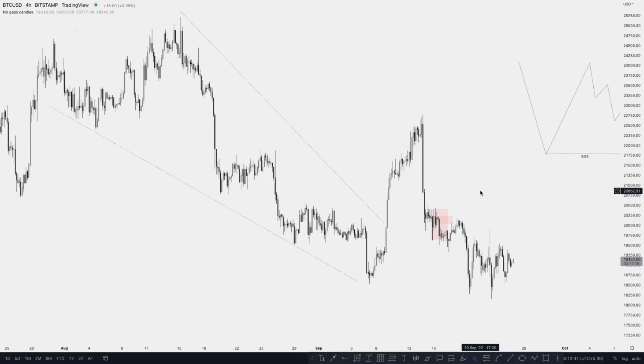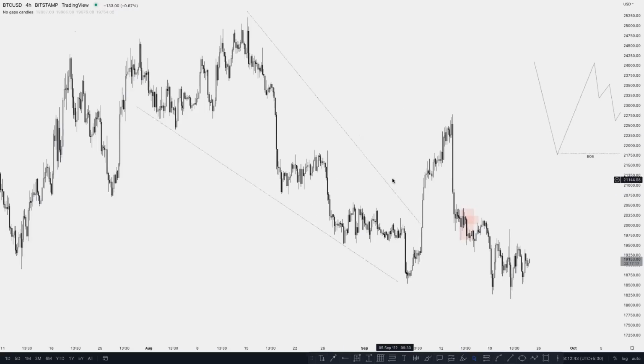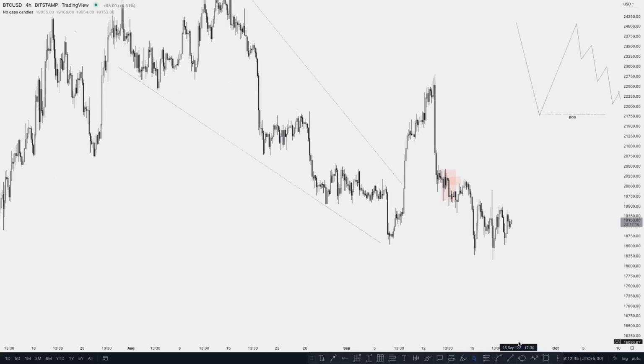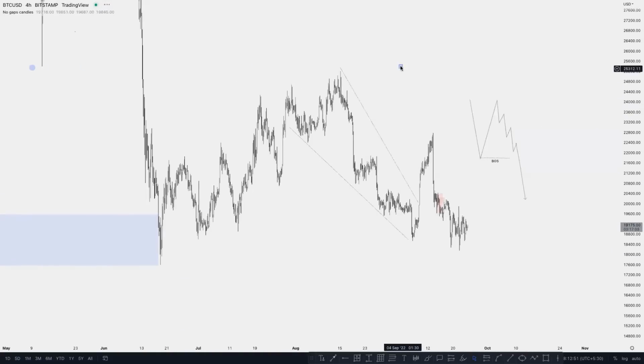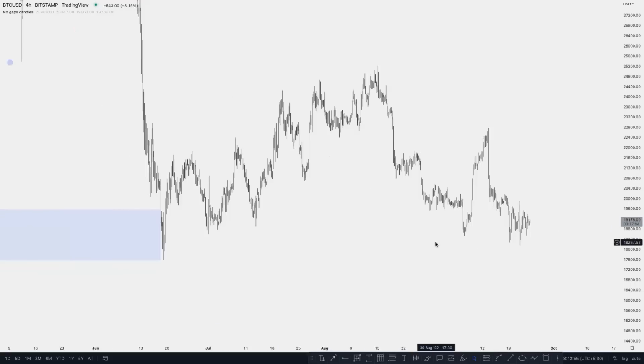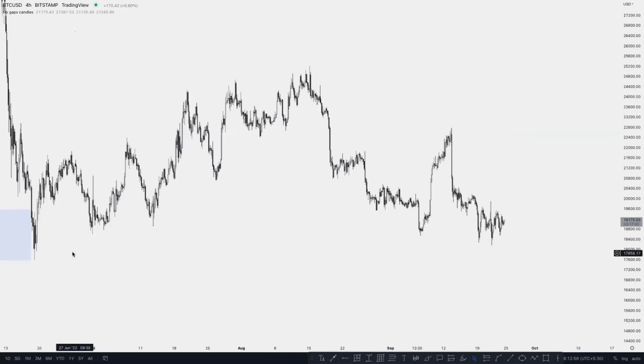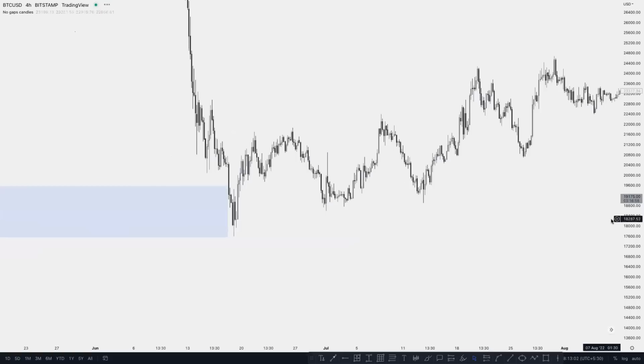So in the Bitcoin chart, market has taken out this liquidity, and then market is trying to push downside. If I mark the structure here, let me clean this one. Okay, there is not anything unmitigated. Everything is mitigated here.